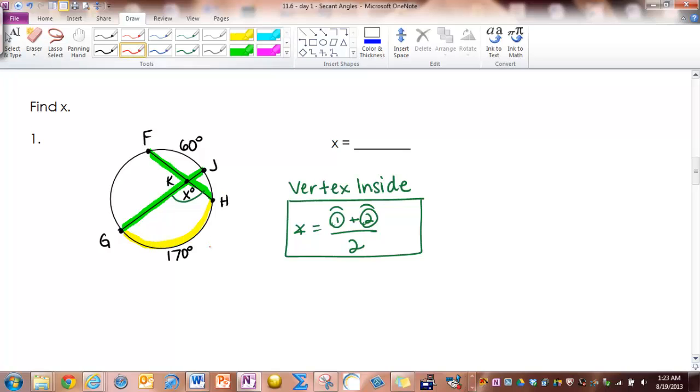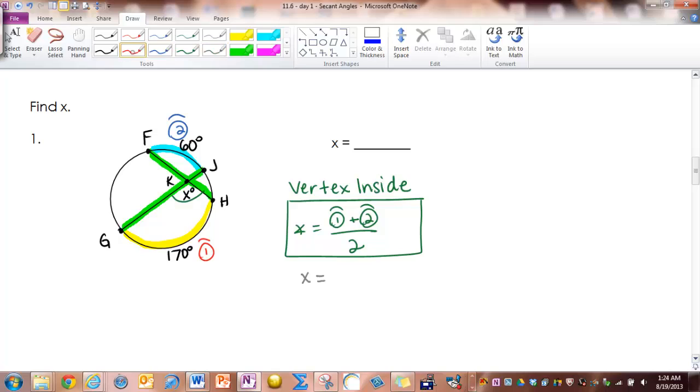So that's what I'm going to be calling arc number 1. Now, our angle's vertical angle's arc, which is right here, I'm going to be calling that arc number 2 in our formula.